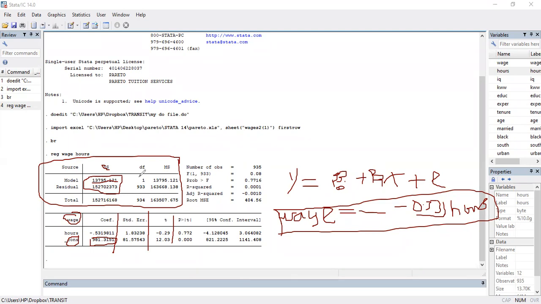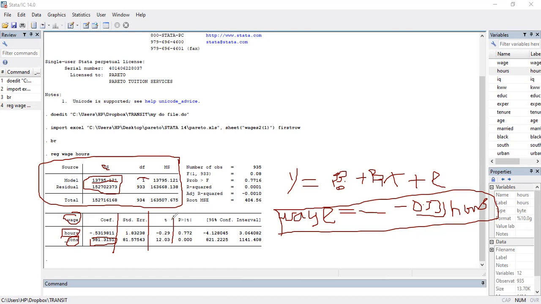The first one is k minus 1, and then the other one is n minus k. The n is the number of observations and the k is the number of regressors. So here we have only one regressor.